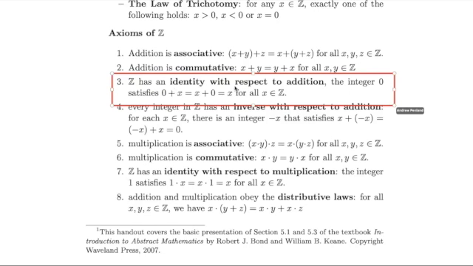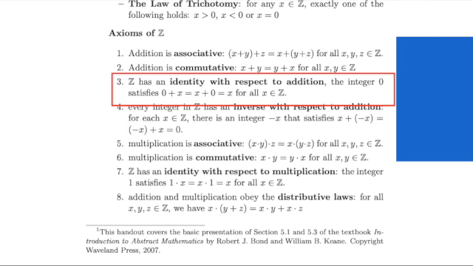Now, this is a property that we haven't talked about, which is called having an identity element. Having an identity element is a property of the set with respect to an operation. Basically, it's an element in the set such that if you do the operation with that special identity element and any other element, you get back the other element.